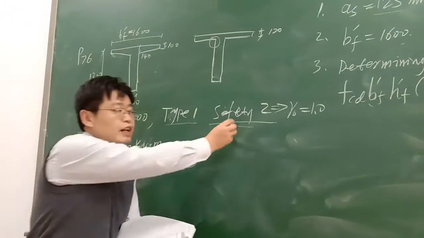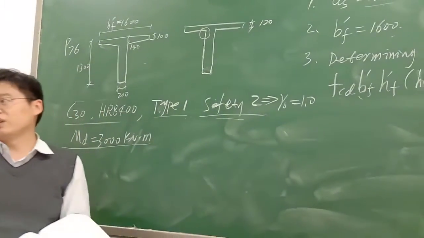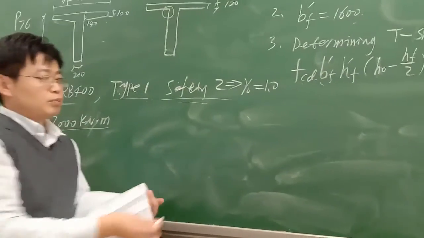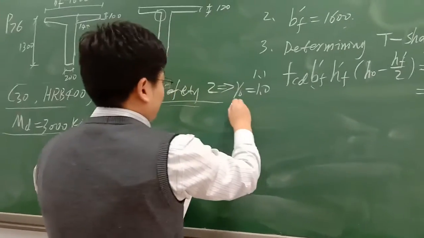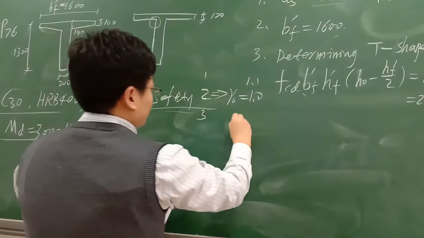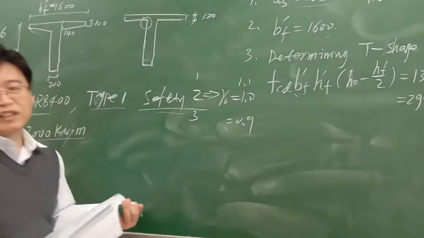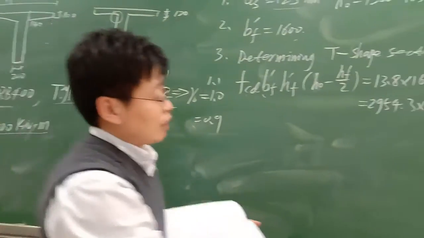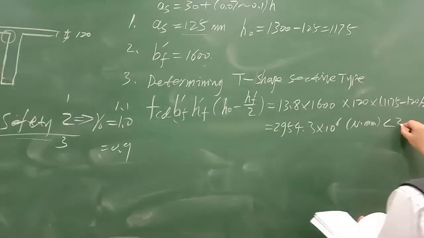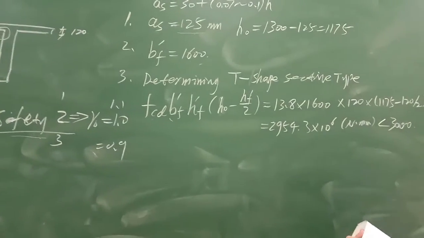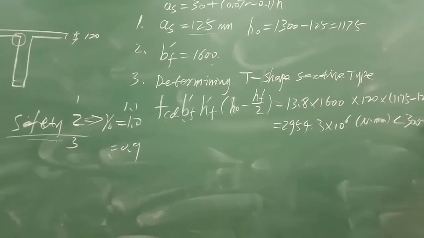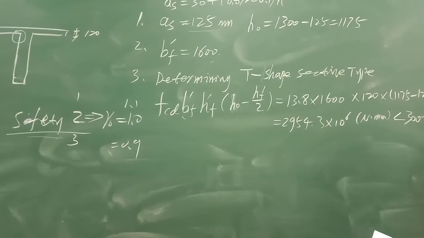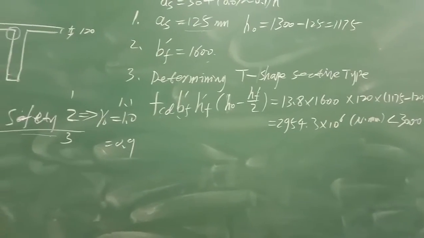If safety level 1, gamma 0 equals 1.1, and if level 3, 0.9. So that's why we directly compare with the 3000. Actually, it is gamma 0 MD.